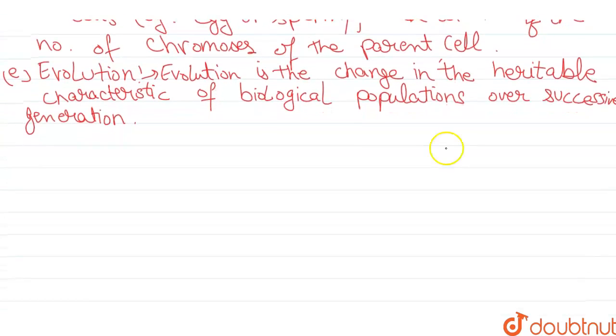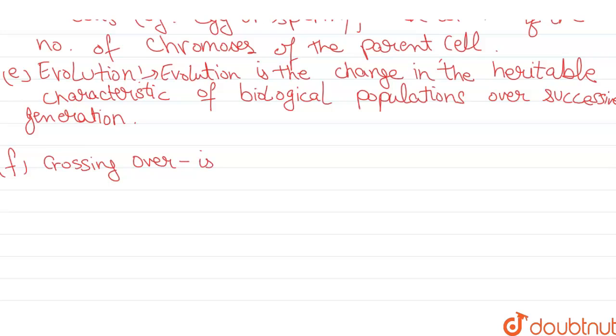And next definition is F, crossing over. And what is crossing over?